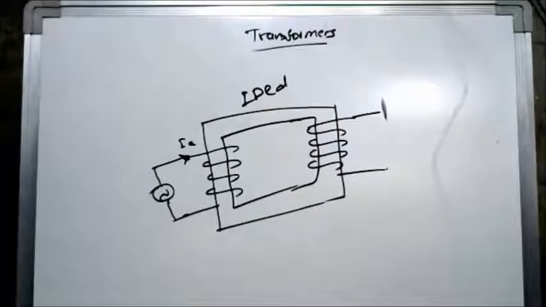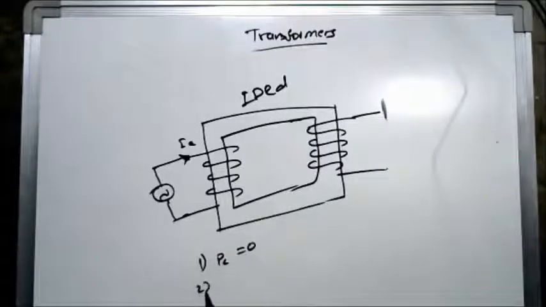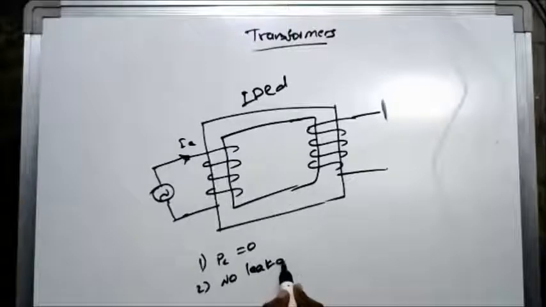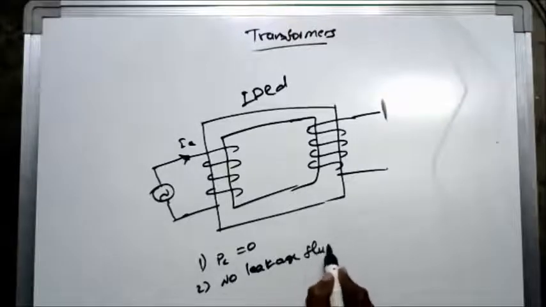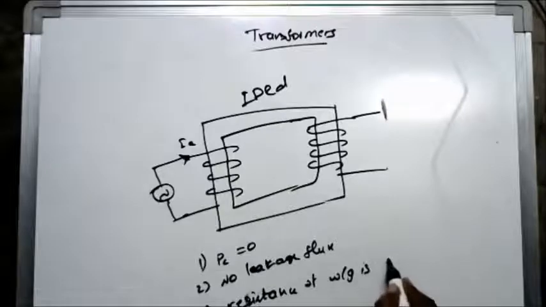What is the ideality of the transformer? The ideality of the transformer means the core loss of the transformer, PC, is equal to 0. Next, it should not have any leakage inductance, no leakage flux. Third, R1 is equal to 0, the resistance of winding is 0.